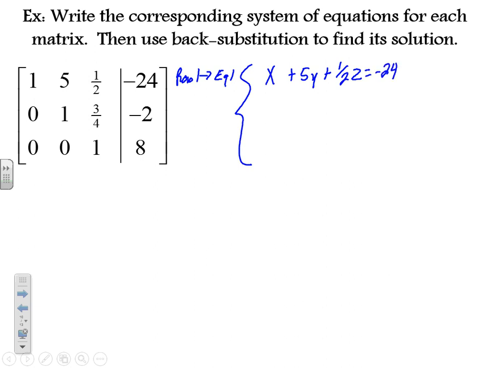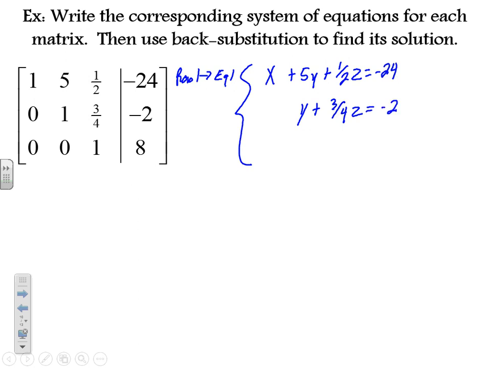And we'll do that same thing for the other two rows of the matrix. The x coefficient in equation 2, or row 2 I should say, is a 0, so we're not going to put anything for x in equation 2. We're going to say 1y plus 3/4 z will be equal to negative 2.